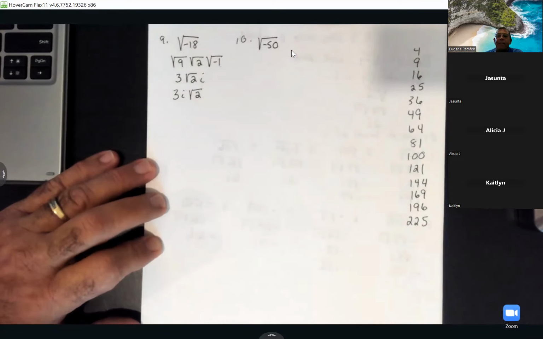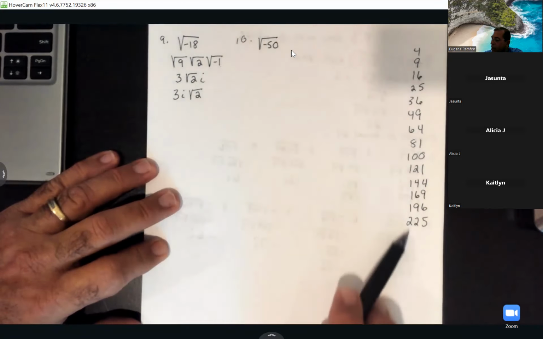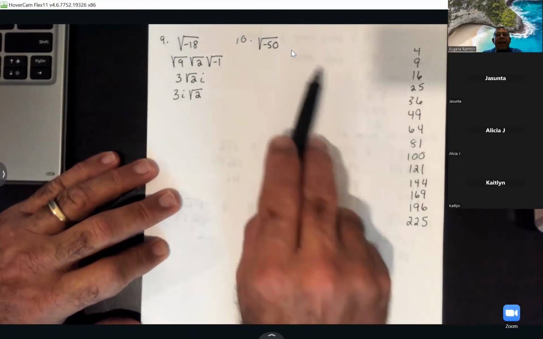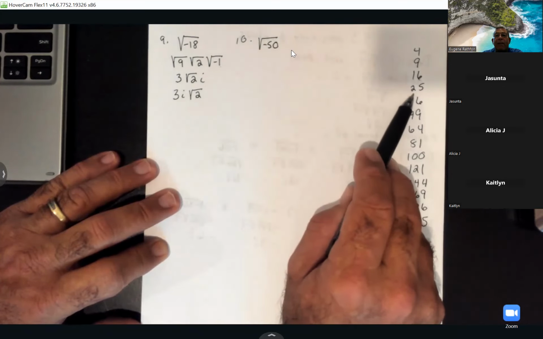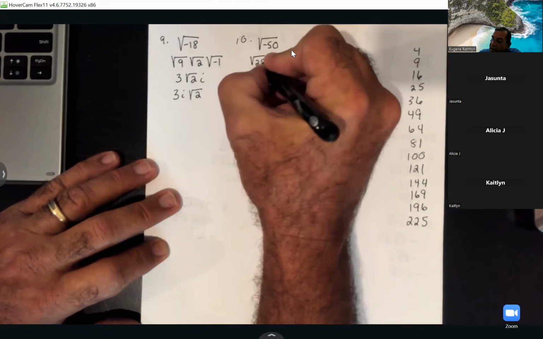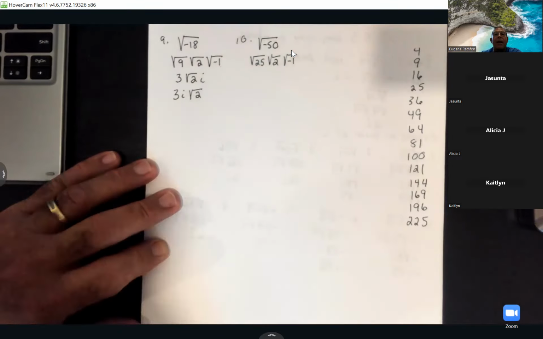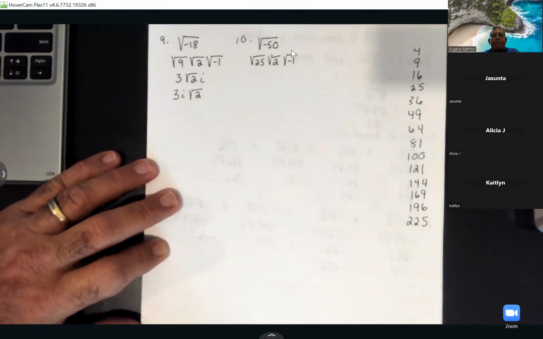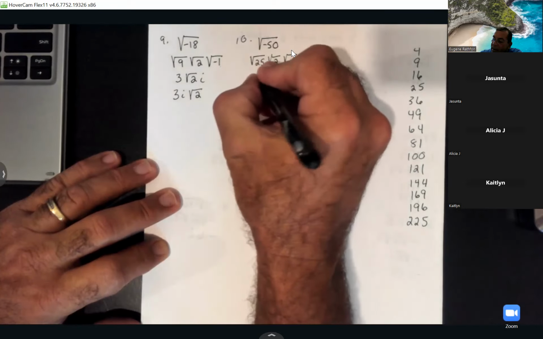Same thing with -50. I know I'm going to break out that -1, but I'm trying to see if any of these factors are factors of 50. And I do have a factor of 50 in that 25. So I'm going to break this down as a 25, 2, and a -1. So let's see what happens. Square root of 25 is 5.